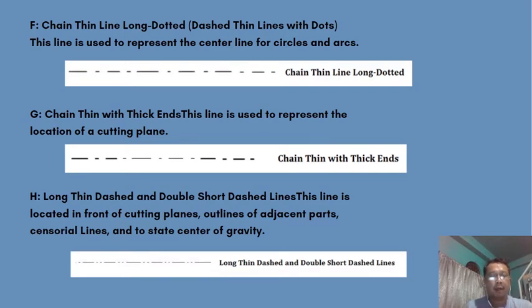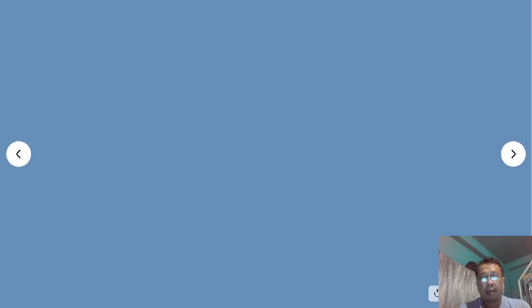Then letter H, the last one, we have the long thin dash and double short dash line. We can use this in presenting the front of cutting planes or the outside of the adjacent parts of the particular object. So those are the basic examples of the lines.